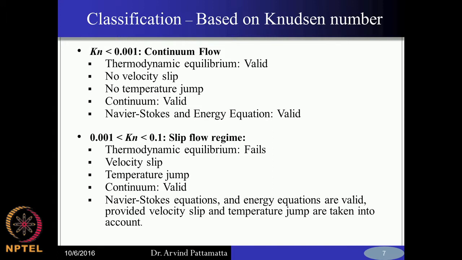Now, when you talk about moderate Knudsen numbers between 0.001 and 0.1, to some extent you can still use continuum, there is no problem. All this is with respect to gas flows; with gas flows you can reach Knudsen numbers of 1 or 10, but with liquid flows you hardly cross the second regime.